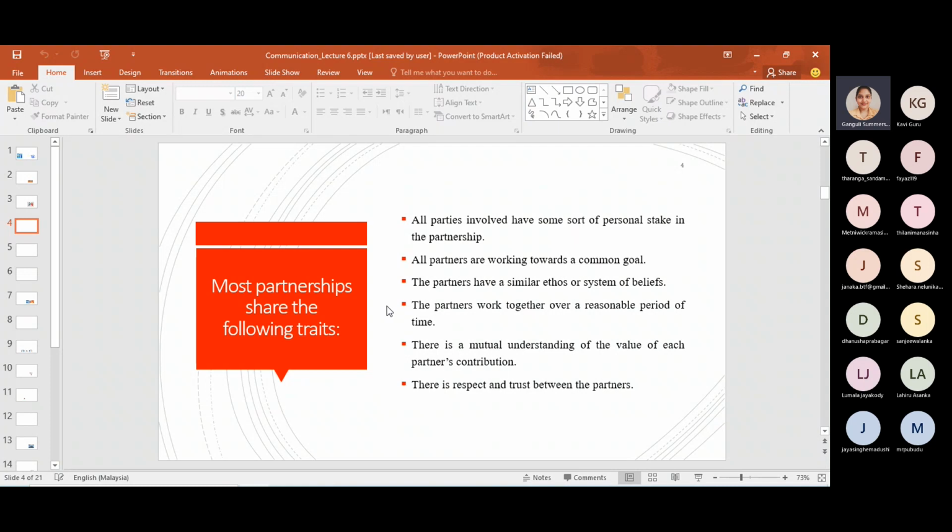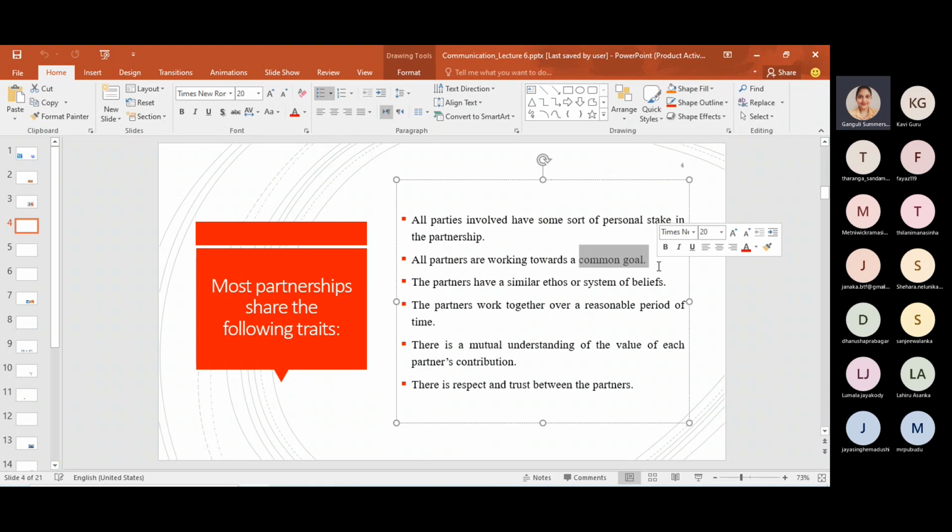Once several organizations or companies enter a partnership, they will have similar attitudes and similar beliefs. Because if they have different attitudes, beliefs and opinions, it is very hard for them to work towards a common goal, right? To work towards a common goal, you should have similar attitudes or similar beliefs.